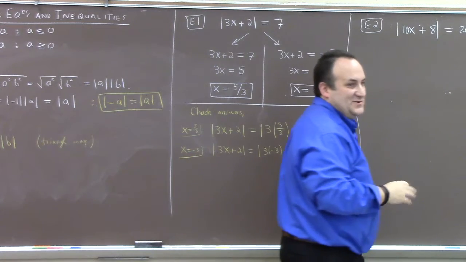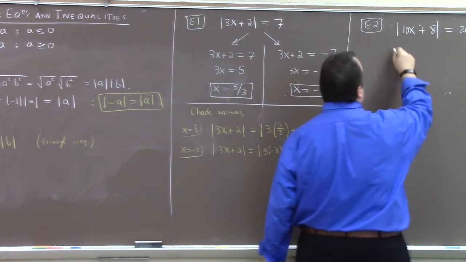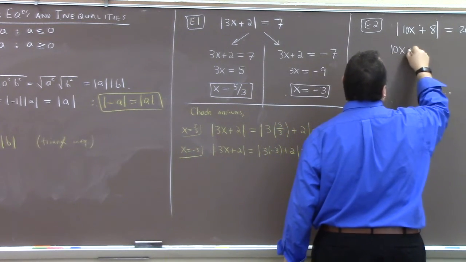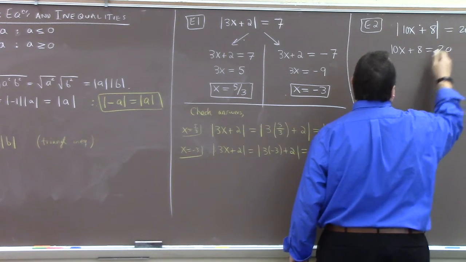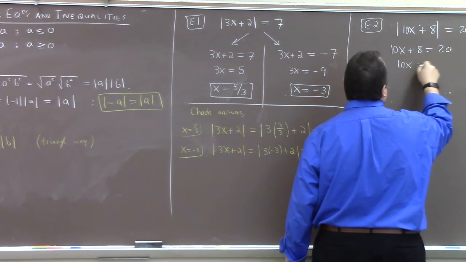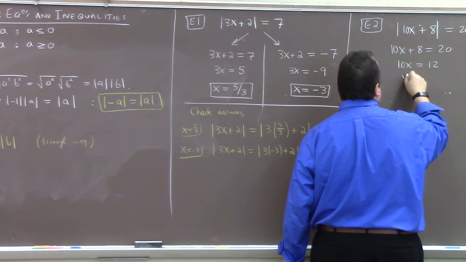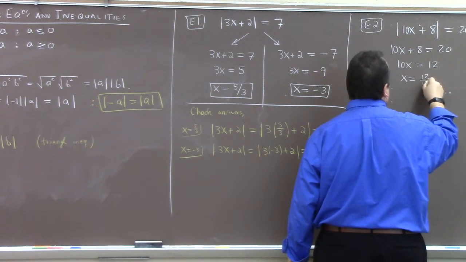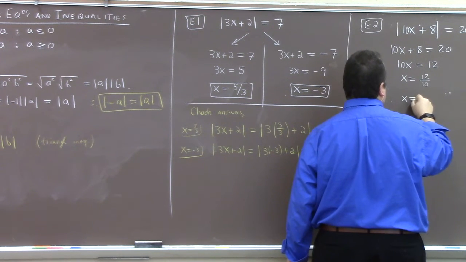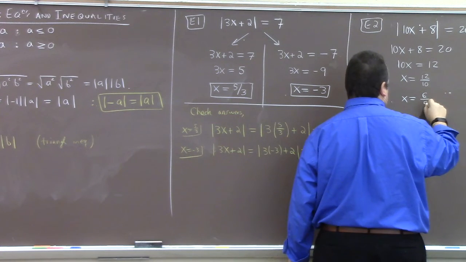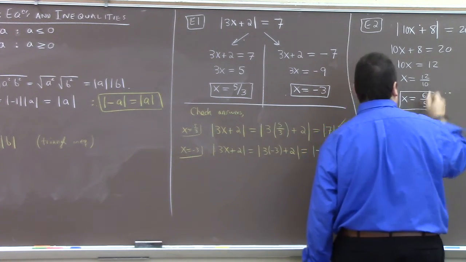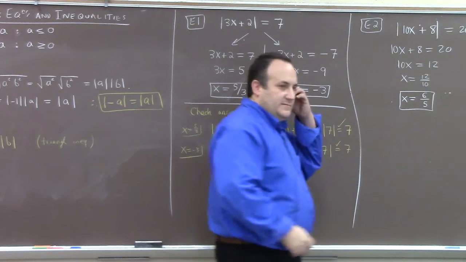So here's what I see students do on the test most often, the students who get this wrong. They just go, okay, 10x plus 8 equals 20, and so 10x is equal to 12, and so x is equal to 12 over 10, so x is equal to 6/5, right? And then they're like, okay, I found an answer, done.